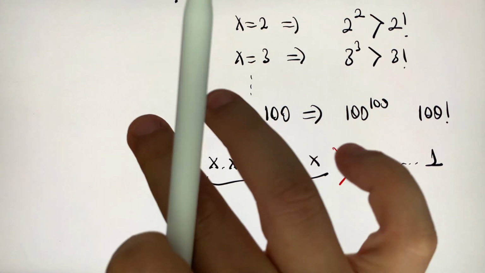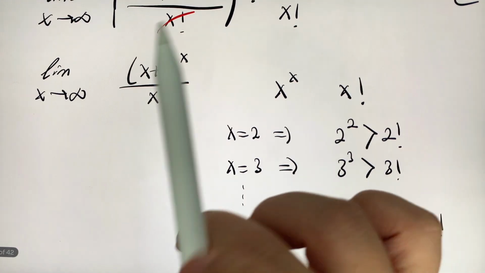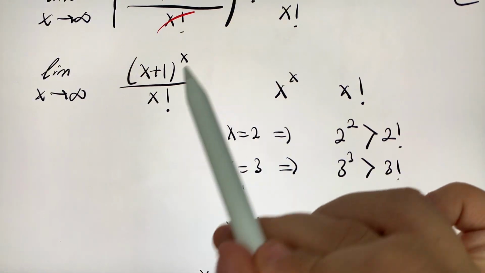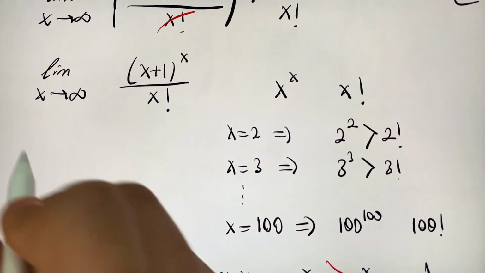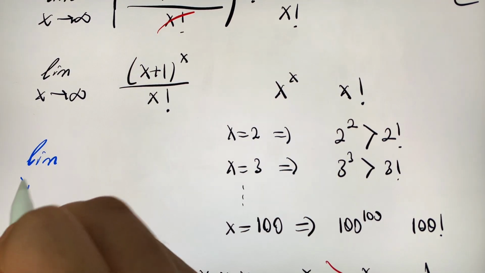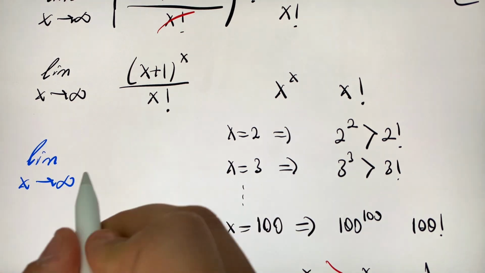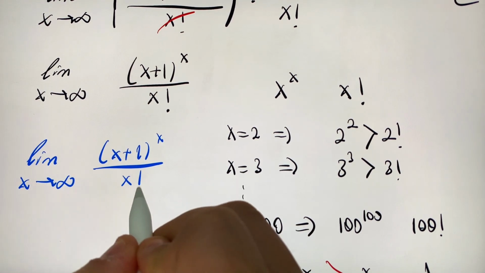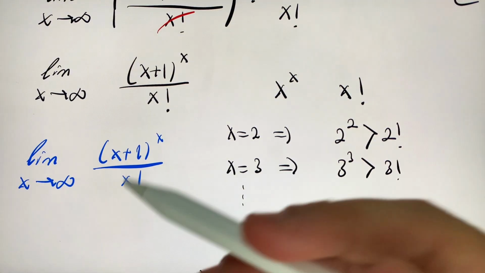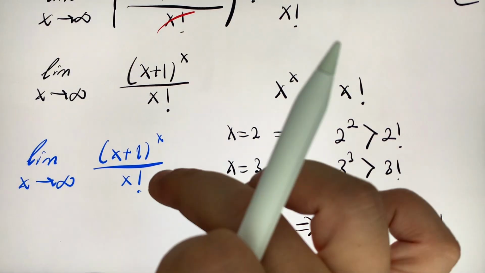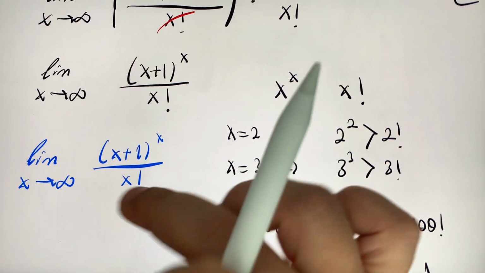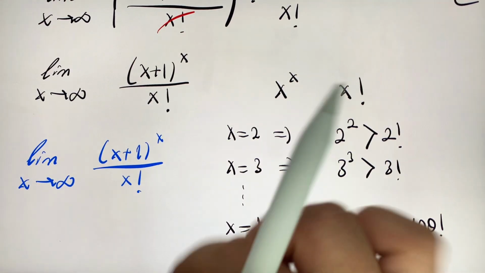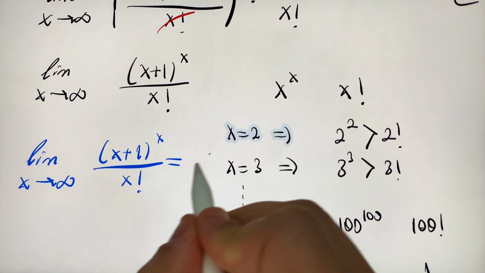Now back to our question: x plus 1 to the x divided by x factorial, limit as x goes to infinity. Because the top is a bigger number and the bottom is smaller, the top will increase. What will be our answer in this case?